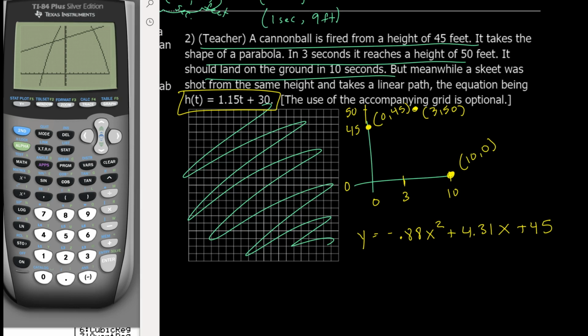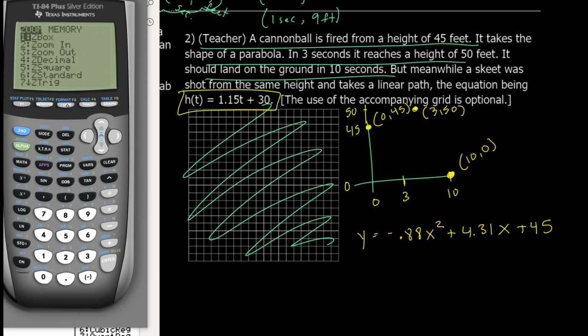Can I see both intersection points? Okay, what do you do? Go to Window or Zoom, and you can try Zoom Fit if you want, or look at the graph. Where do you want this graph to go? We're missing what part of the graph?